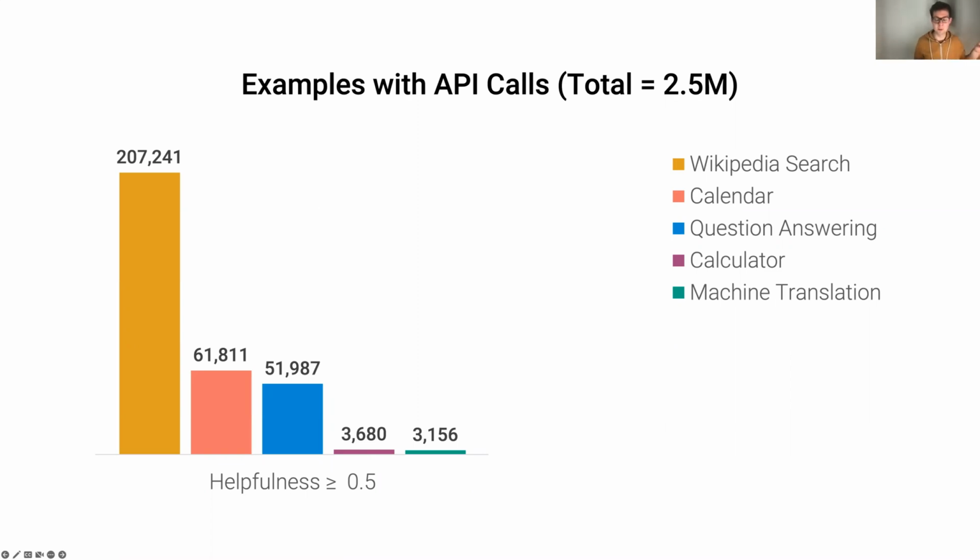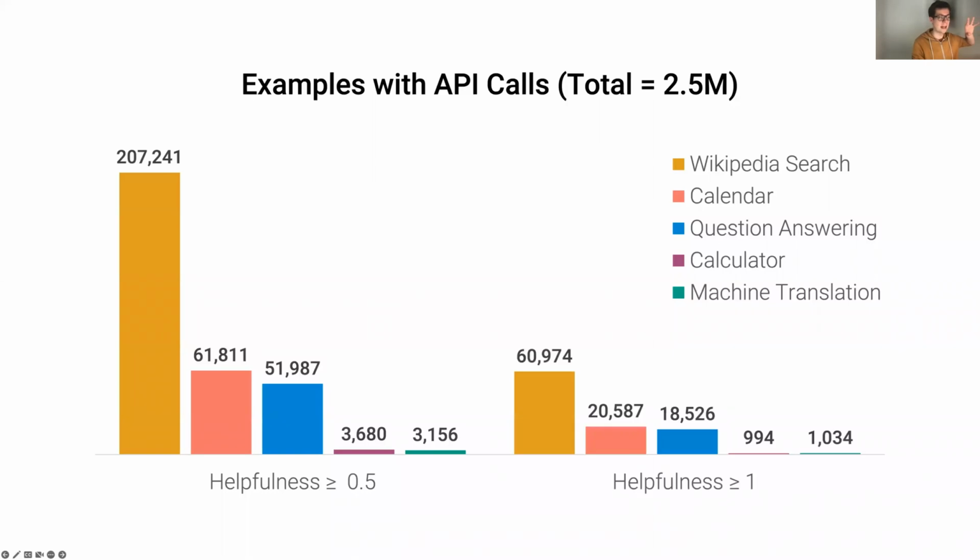What we did here is, because we did not want to optimize things too much on any downstream tasks, because after all, we wanted to test the zero-shot abilities of those models, we just looked at this plot. We also looked at helpfulness greater than or equal to 1. And in the end, we decided to have this higher threshold of 1.0 for Wikipedia, calendar, and question answering, and the lower threshold of 0.5 for calculator and machine translation.